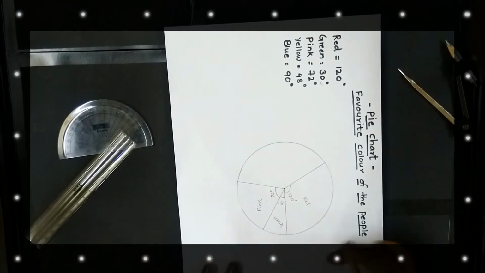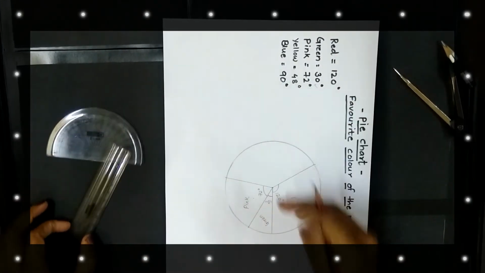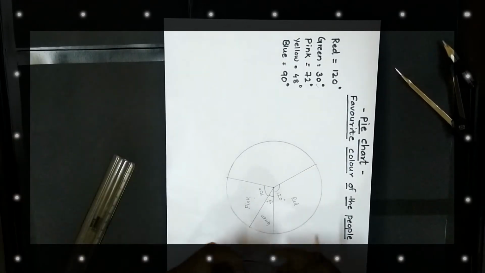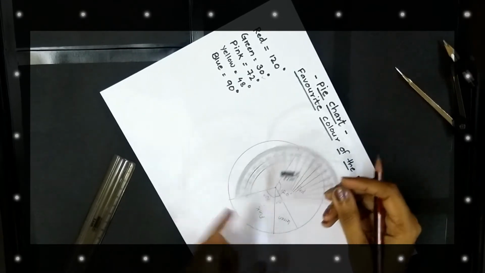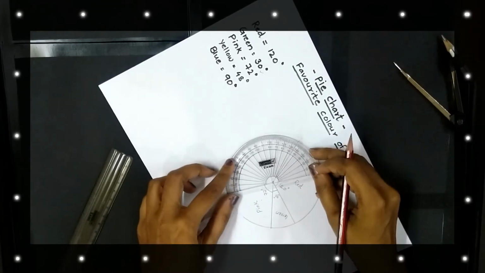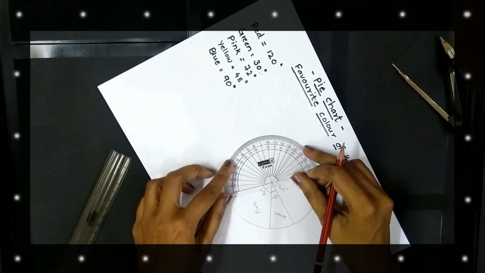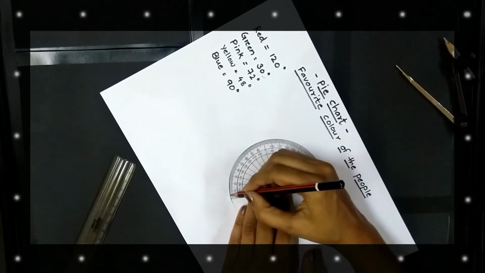Then the next angle I have to mark is a 48 degree angle, which represents the color yellow. Again, the same way, the protractor has to be in alignment with the newly formed line. And carefully measure an angle of 48 degrees.